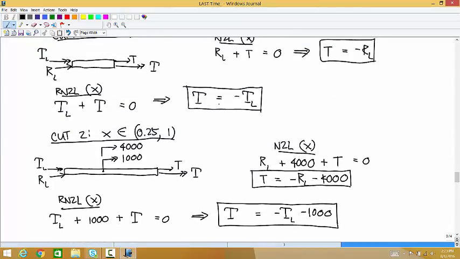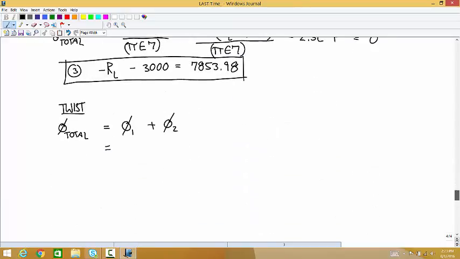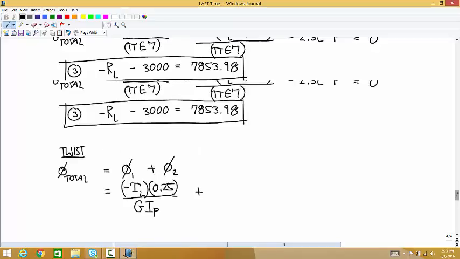On piece 1, our internal torque is negative TL. The length is 0.25. I think the GIPs are going to go away, so let's just leave it like this for now, and then plus the angle of twist for the second piece.